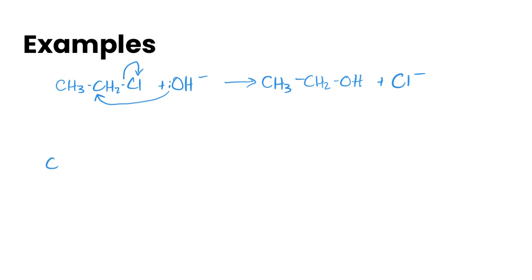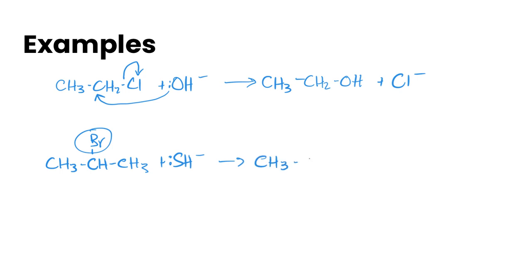We can do another similar example. We'll take 2-bromopropane, and this time let's react it with SH minus. Knowing we've got a lone pair of electrons on the sulfur here, we're going to replace the bromine, and the bromine is going to leave.